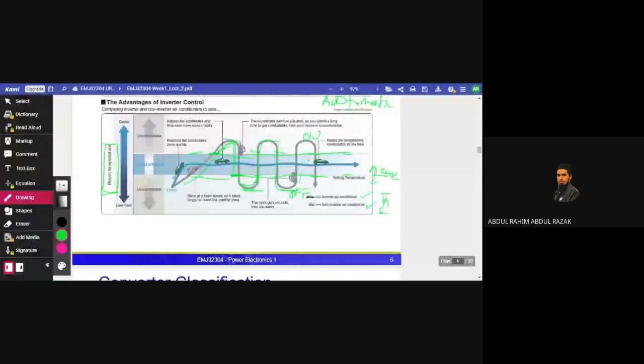Okay, that's the VFD, a variable frequency controller. So why I showed the video just now is because you have learned about the machine before. We have learned how to control the speed of a machine.